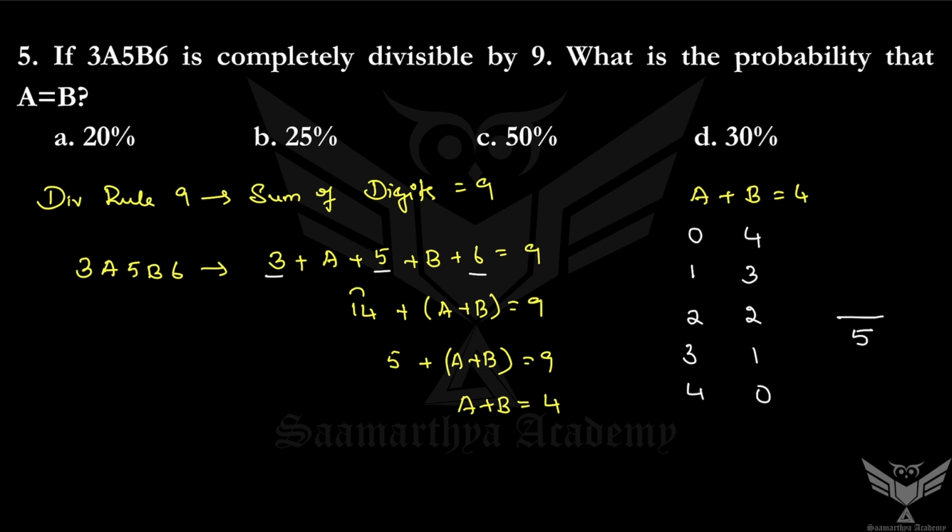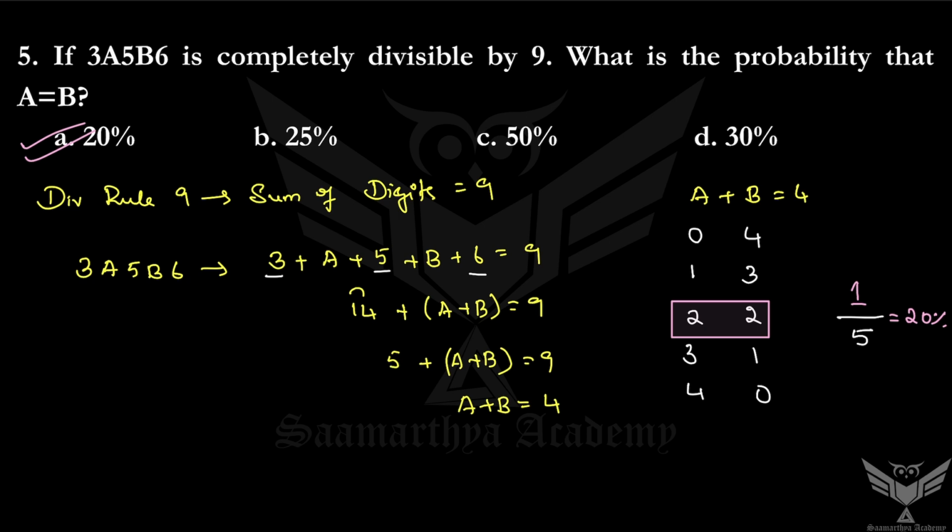Out of 5, in how many cases are we getting the A and B value the same? Only 1. So, only 1 out of 5 cases we are getting A equals B. And 1 out of 5, or 1 by 5, is 20% in percentage. So the answer is option A, 20%. This is a beautiful question.